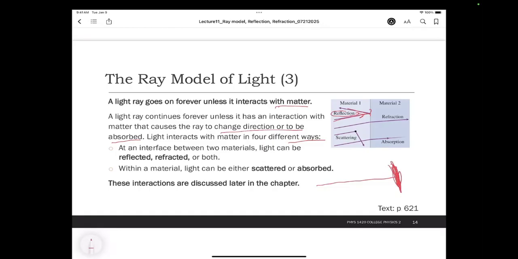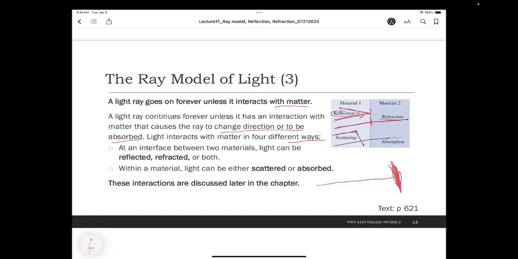The other situation is refraction, and you can see if it meets this surface, it will have the refraction situation. And sometimes if the light rays meet some particles, some small dust, or some smoke, it will have a scattering phenomenon.